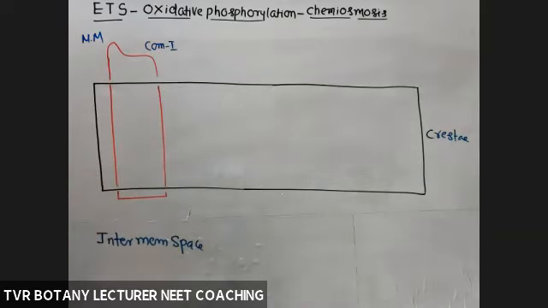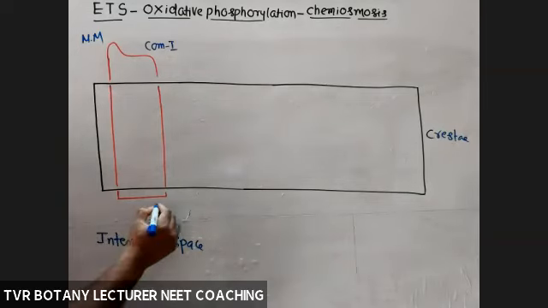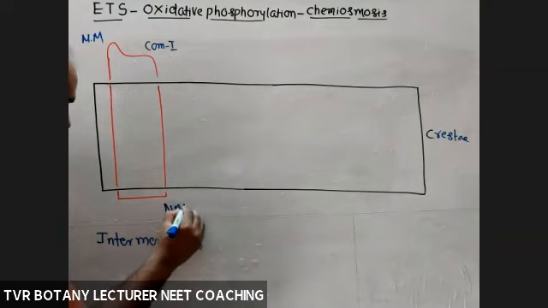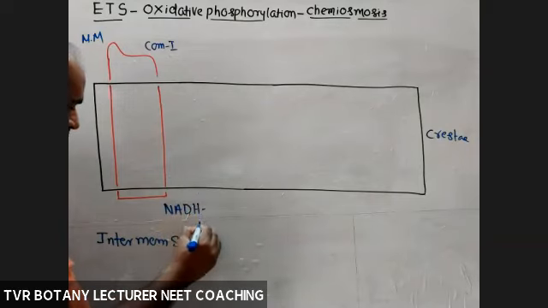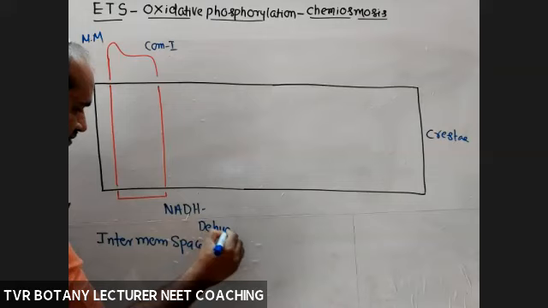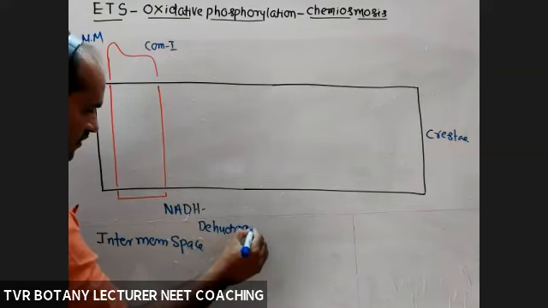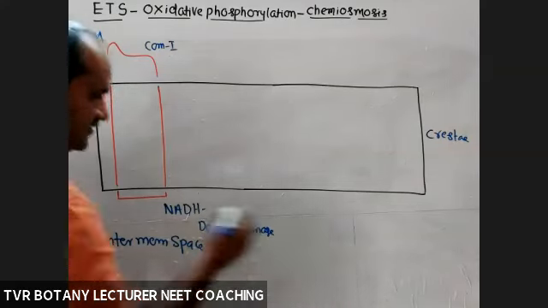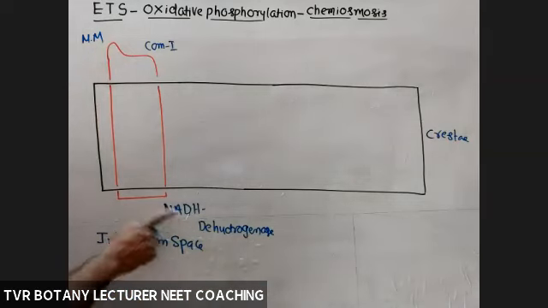Complex 1. What is the type of enzyme present here? The enzyme is NADH dehydrogenase. So this enzyme is concerned with oxidation of NADH.